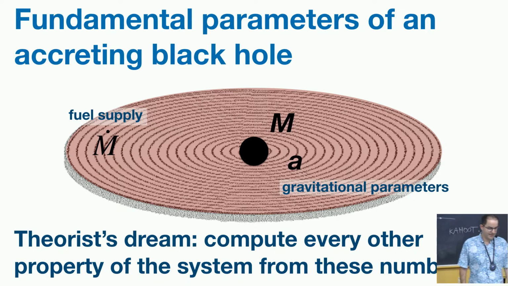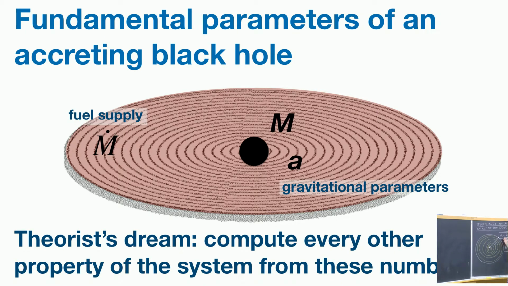So what are the fundamental parameters of an accreting black hole? We know that one parameter is the mass, the second is the spin, and the third is the accretion rate, the rate of inflowing matter flowing towards the central object, which we call m dot. This is a fundamental parameter in astrophysics, related to what some physicists call dirty physics. It's not only gravity and space-time dynamics.